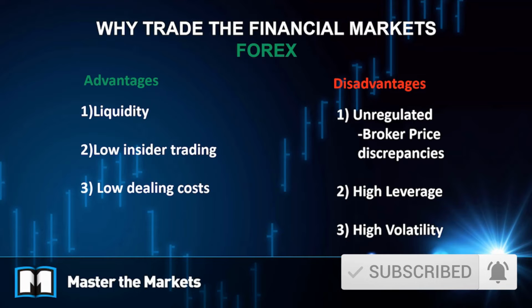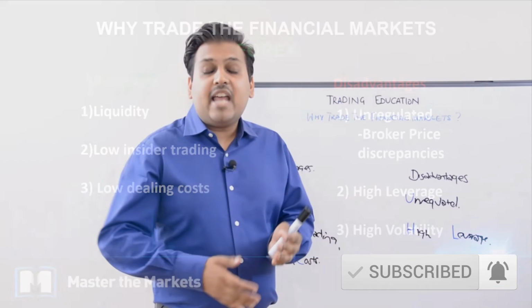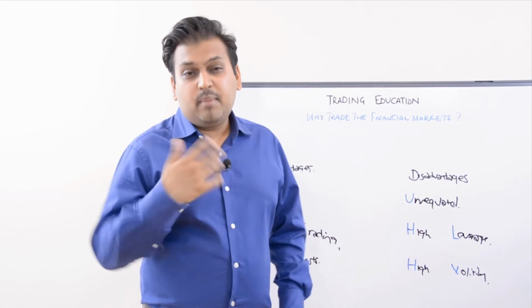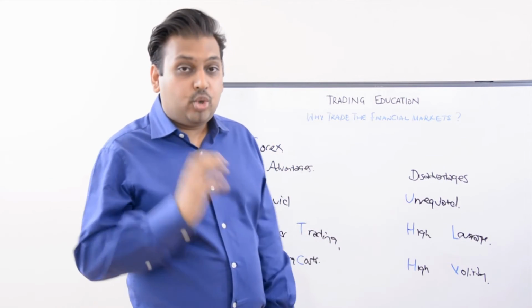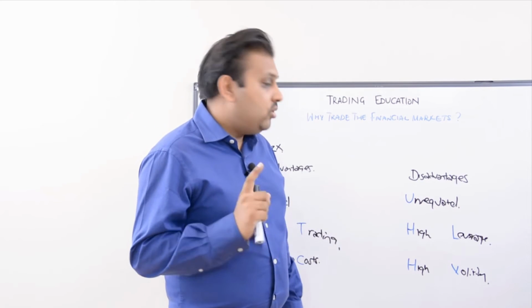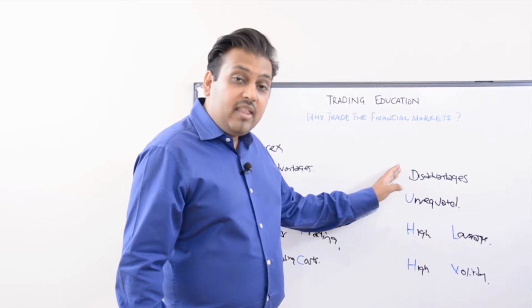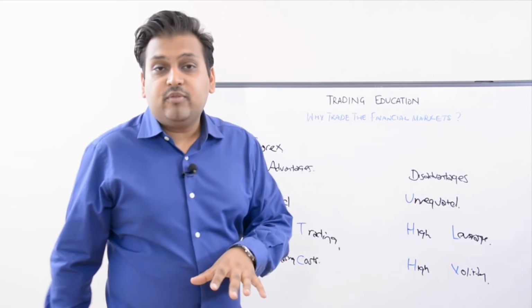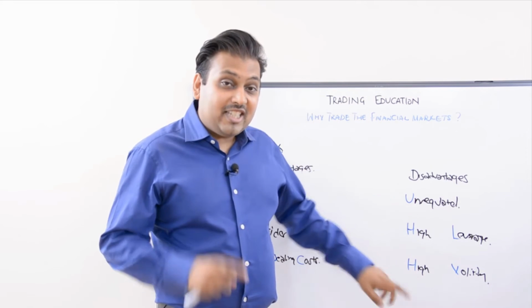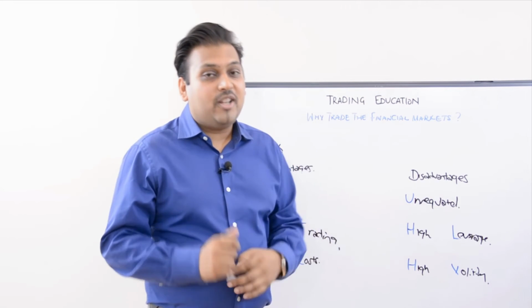And the reason that I say that is because we get sharper movements in a shorter space of time. Basically means ability to make more money in a shorter space of time. And this is really one of the things that makes the foreign exchange market unique. But of course, we put it in the disadvantage column, and the reason for that is because if you don't know what you're doing with the high volatility, this can work against you as well as for you.